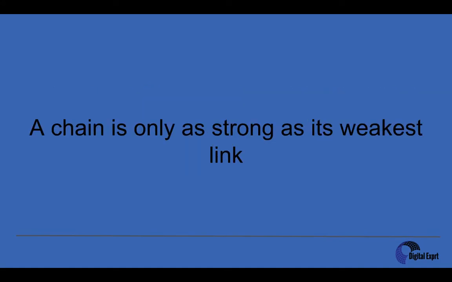And of course, as the old adage goes, a chain is only as strong as its weakest link. So even if everything else in our system is rock solid, if there's one part that is failing, then the whole chain fails.